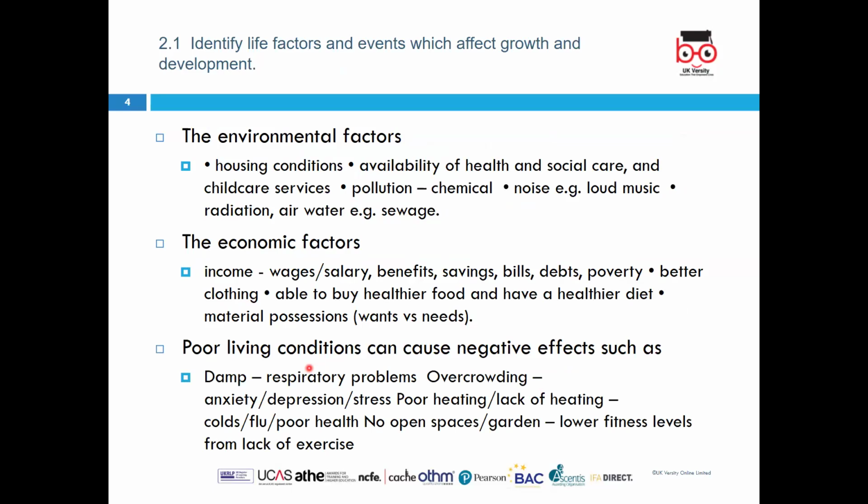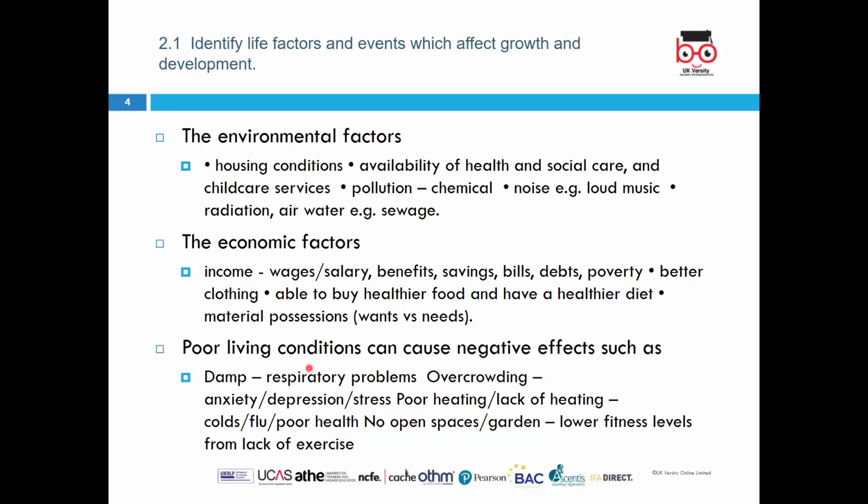There are environmental factors. The place where you live may be poor, very good, or just mediocre. There is availability of health and social care and childcare services. You might have them, you might not, and that impacts your growth and development.